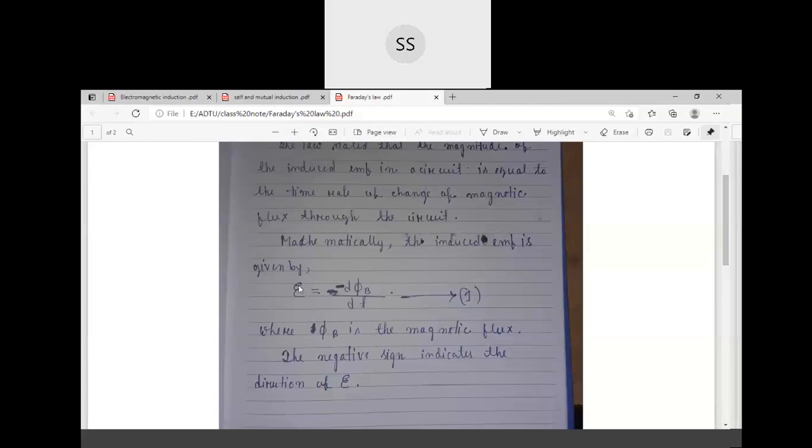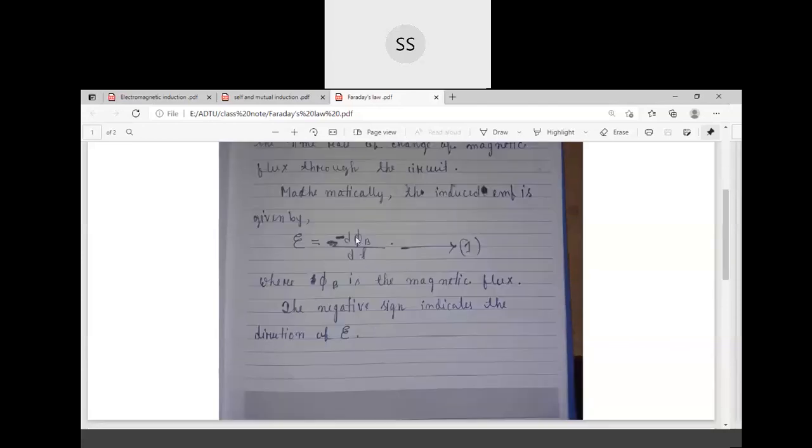E is for induced EMF, phi B is for magnetic flux, and d/dt for rate of change of magnetic flux with time, and the minus sign indicates the direction of the induced EMF, which will be produced in the opposite direction of the magnetic field.